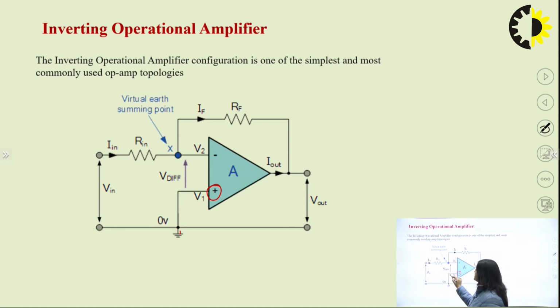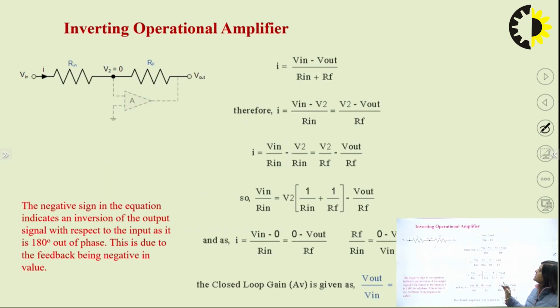So this potential is 0. So at this point the potential would be 0. So current would be VIN upon RIN is equal to minus V0 upon RF. So the same derivation is given here. We have obtained the value of minus RF upon R1 in the previous slide.